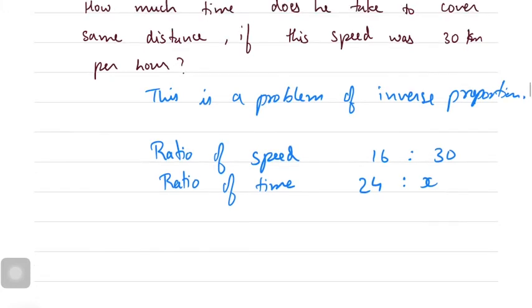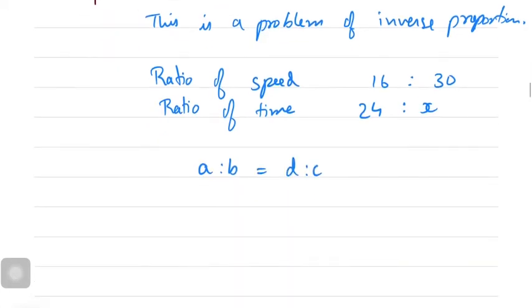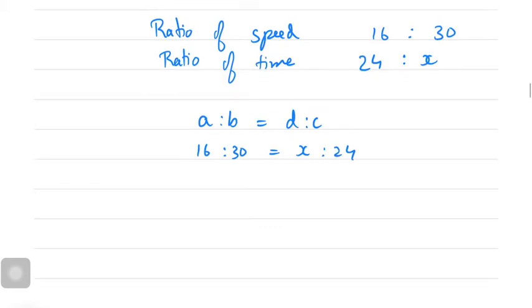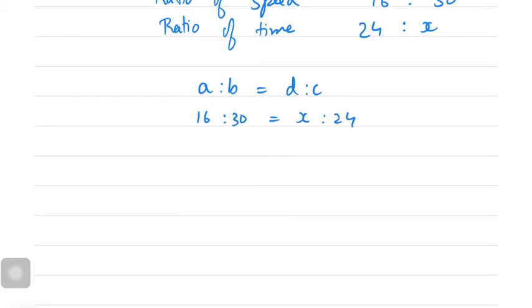Because this is a question of inverse proportion, A is to B is equal to, instead of C is to D, you will write D is to C. So 16:30 is equal to x is to 24, correct?